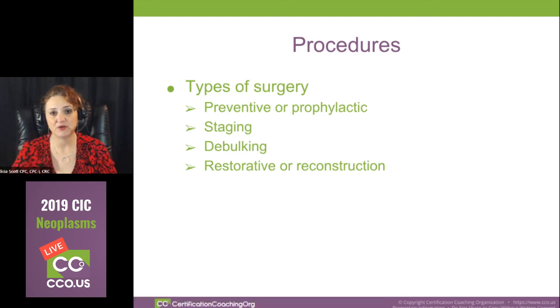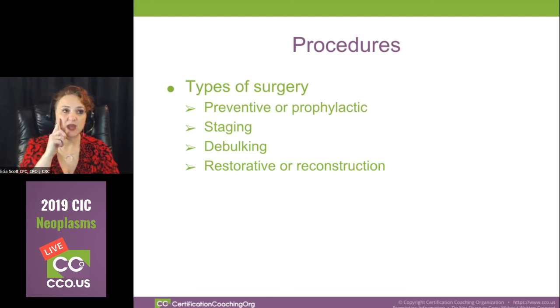So what are the types of surgery? Well, preventative or prophylactic, right? We're going to remove whatever has the tumor or the cancer. We need to stage it. There's also debulking, meaning we just need to make it smaller because it's causing constraint. And we have restorative or reconstruction surgery.